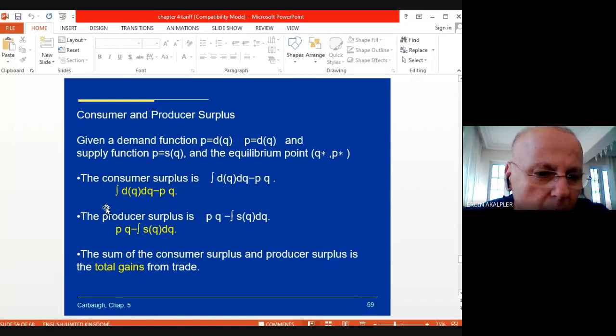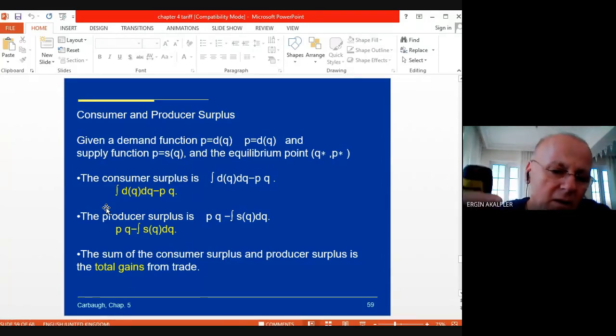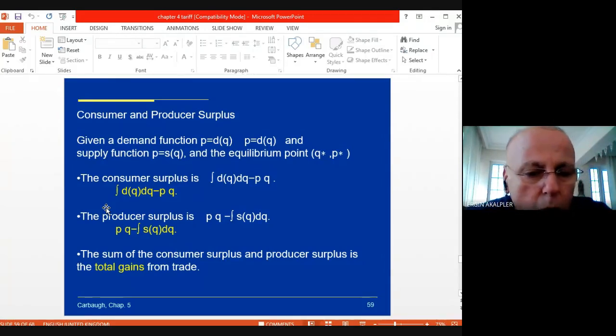where you know from your mathematical background, given a demand function, P is equal to D(Q), and the supply function is supposed to be P is equal to S(Q), and the equilibrium point is supposed to be Q star and P star. The consumer surplus is therefore the integral of D(Q) dQ minus P star Q star, which is the integration of the equation, and producer surplus is vice versa: P star Q star minus the integral of the supply equation. You subtract the so-called revenue from the cost.